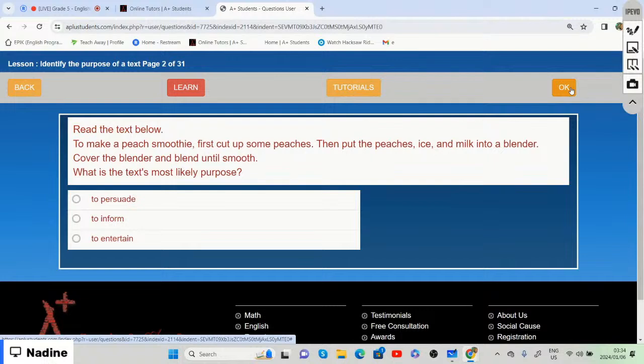To make a peach smoothie, first cut up some peaches, then put the peaches, ice, and milk into a blender. Cover the blender and blend until smooth.